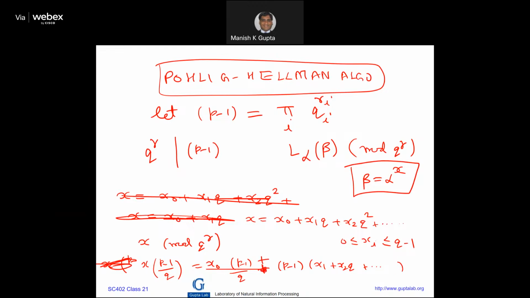So I'm just computing this value. X is given here. I'm just computing x times (p minus 1) by q, which can be written like this: x naught, the first term, times (p minus 1) by q plus some integer, because you know xi's are between 0 and q minus 1. So this will be some integer. I'll call it n.